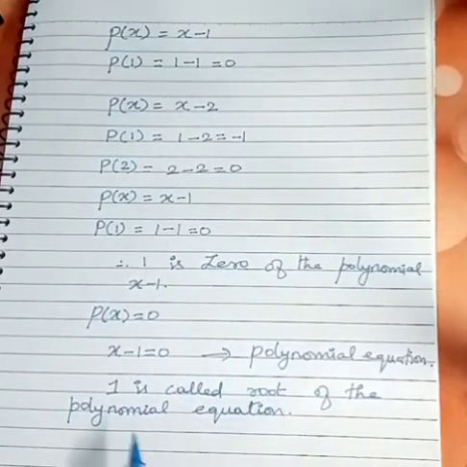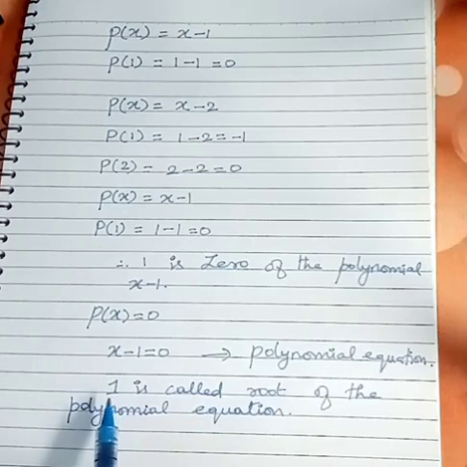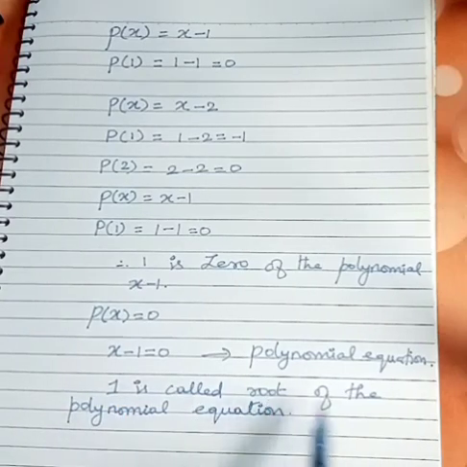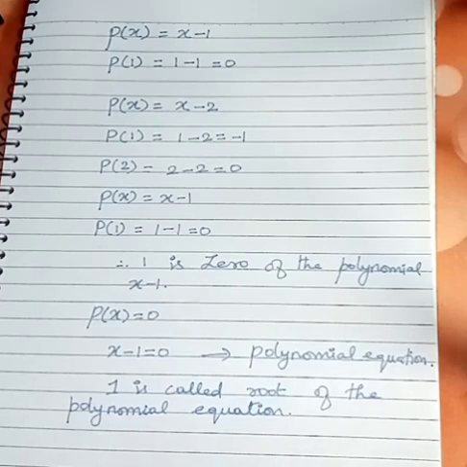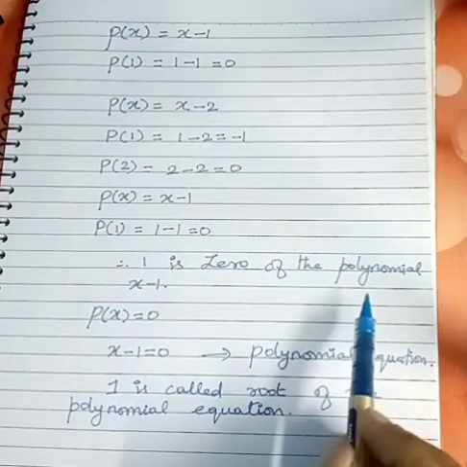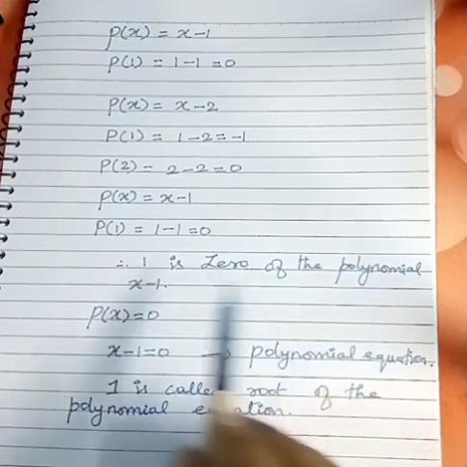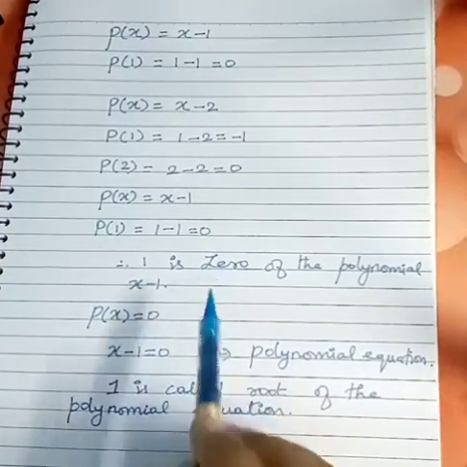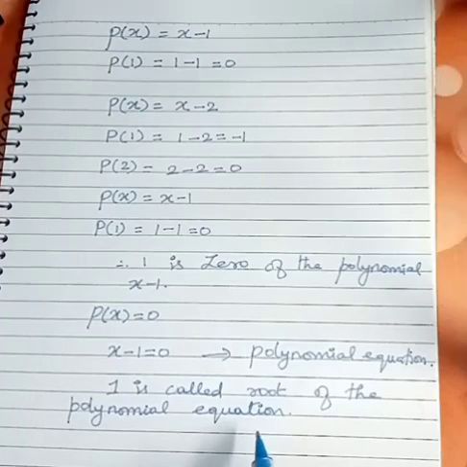When we talk about a polynomial equation, we name the term as root of the polynomial equation. So both are the same, but the context where we use the term makes a difference. When we talk about a polynomial, we name the term as zero. When we talk about the polynomial equation, we name the term as root.